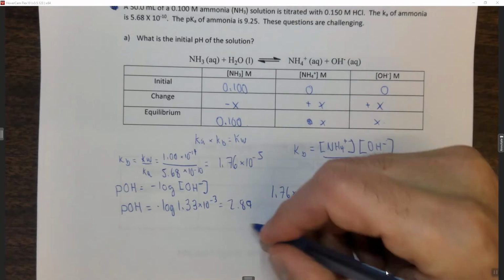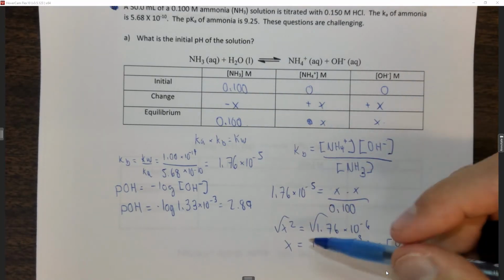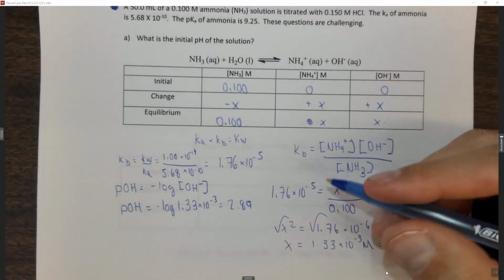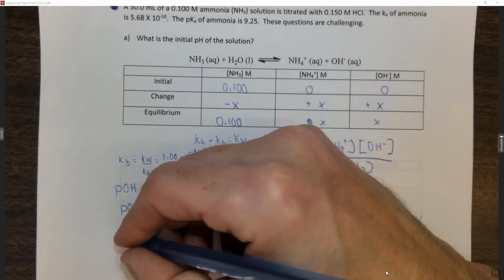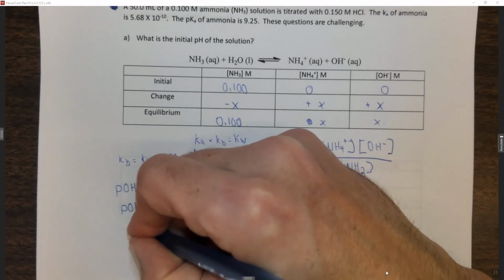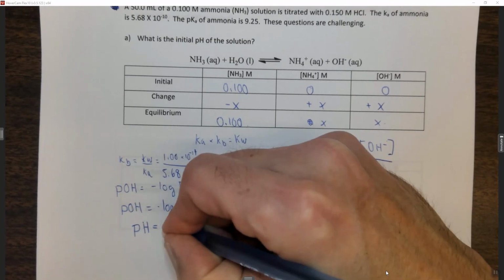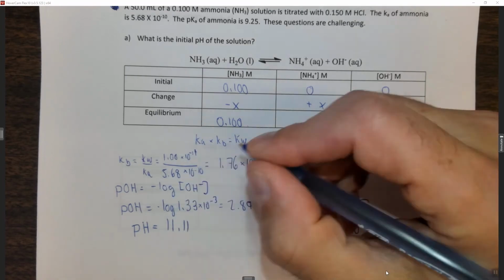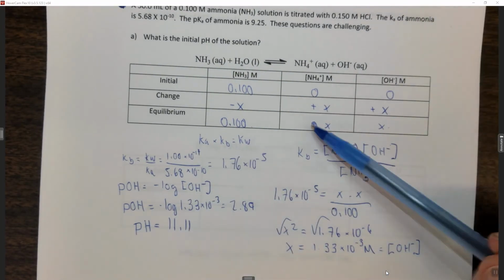So the pOH is 2.89. As you'll recall, the pH is 14 minus the pOH, so if we take 14 minus 2.89, we find that the pH is 11.11 as the pH of this solution.